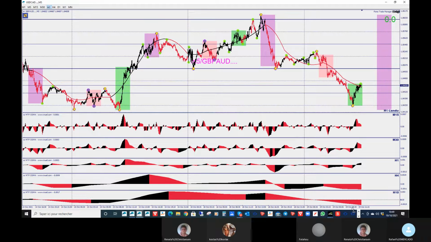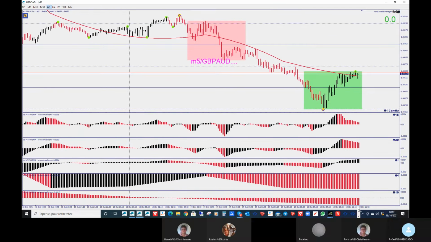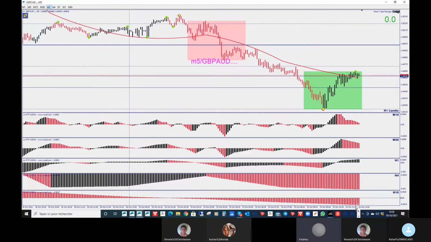The reason I say it could settle is because the 30 minute has been red for a while and it hasn't changed the 1 hour. Usually when the 30 minute changes, the 1 hour is not too far behind it.